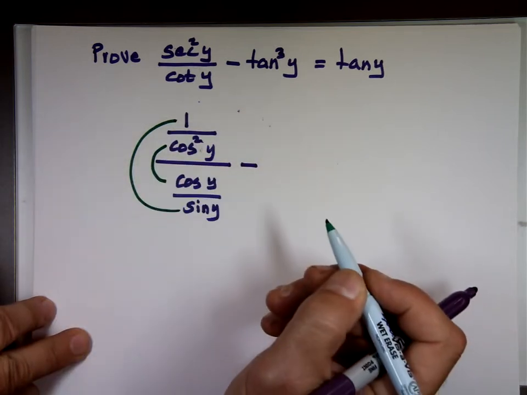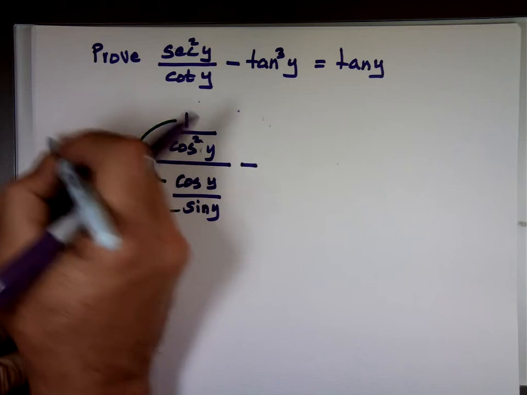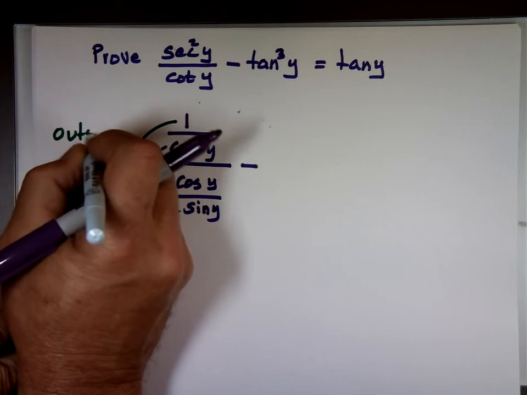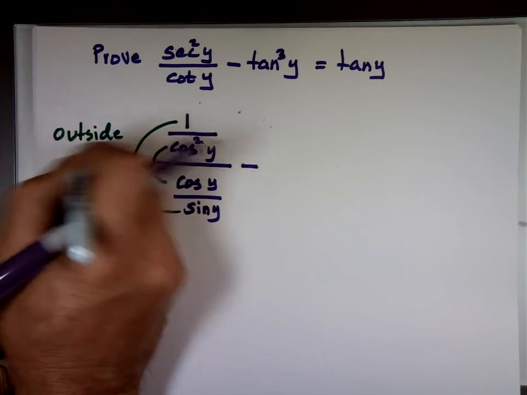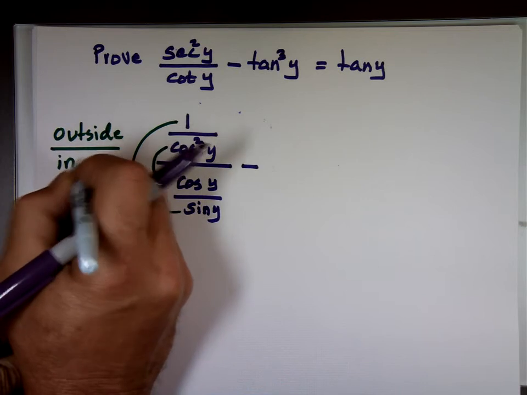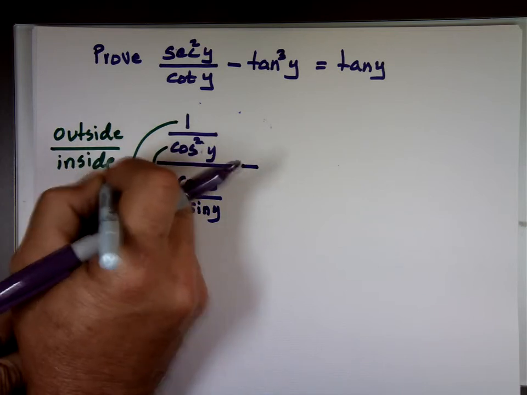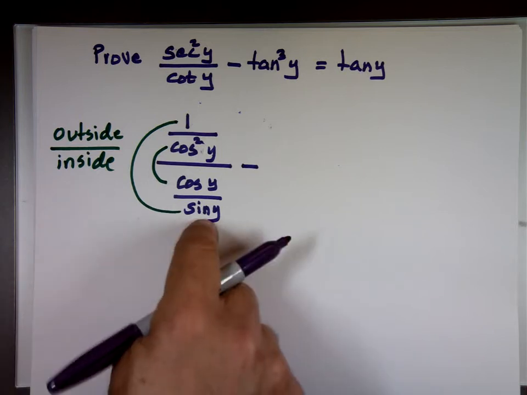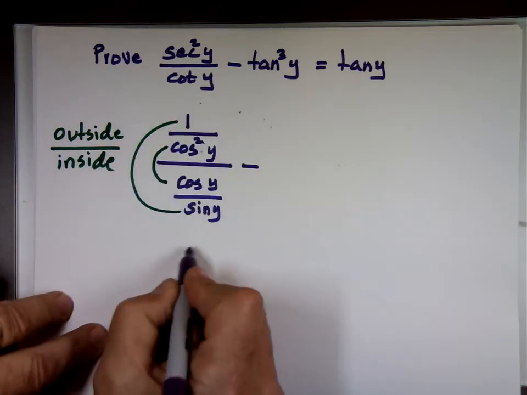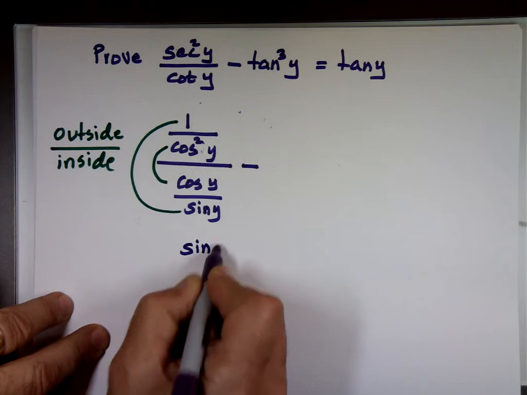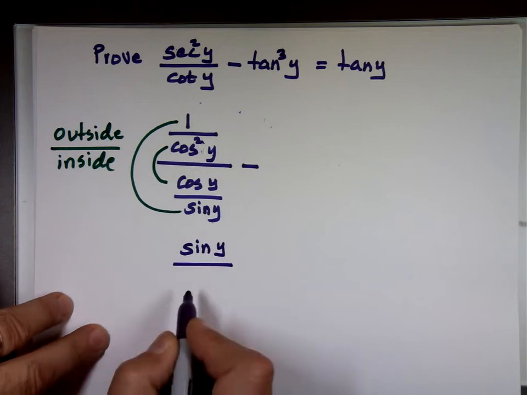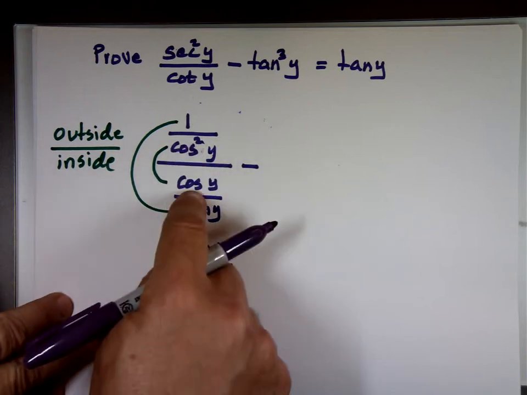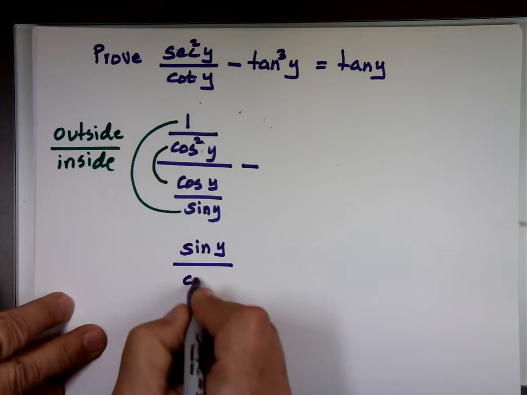If you have a fraction divided by a fraction, the result is always the outside over the inside. So what is sine y times 1? Sine y. That's the outside, so on the top. On the bottom is the inside. What's cosine squared times the cosine? Cosine cube.